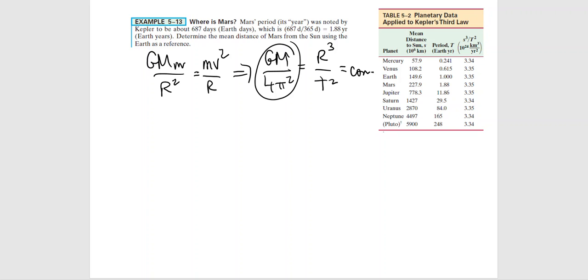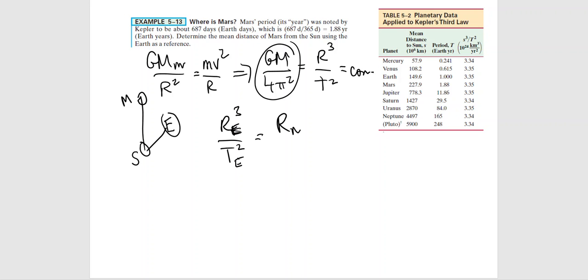So what we've got is, we know Earth. Here's Earth. Here is Mars. And what we're trying to find out is how far is Mars away from the sun? And what we say is we know that r Earth cubed over t Earth squared has to equal r Mars, which is what we're looking for, cubed over the time it takes for Mars to go around squared.